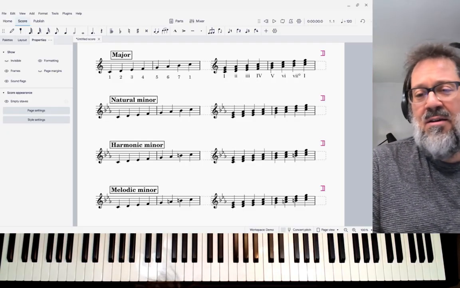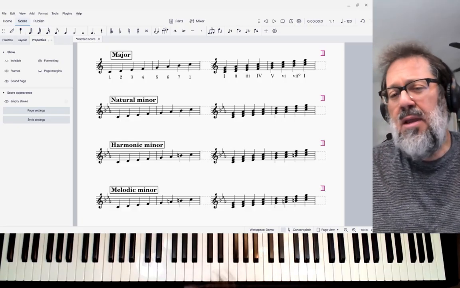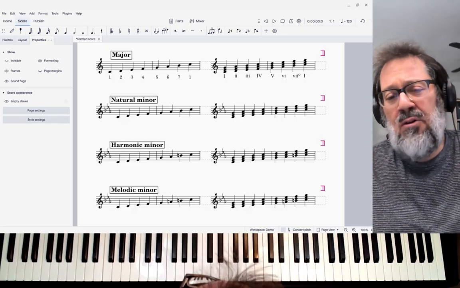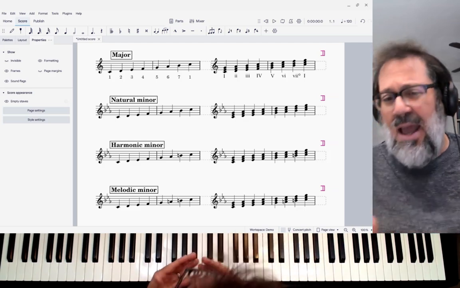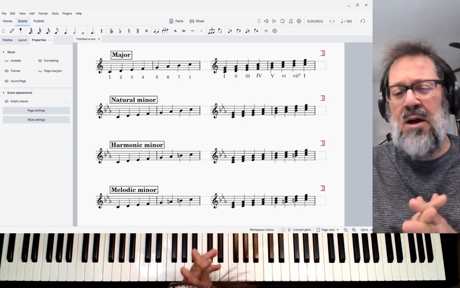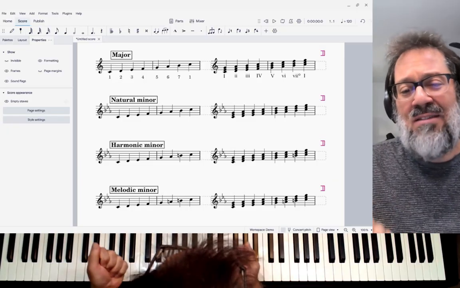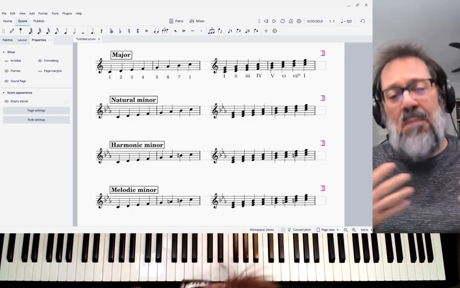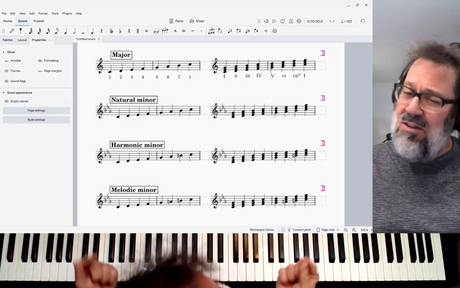There's the more traditional system, which has been around a long time, but it creates some ambiguity. And then there's a system that most jazz musicians and a lot of other modern musicians typically use that I would say is less ambiguous. But if you don't know which system is being used, it's going to be confusing. So let's take a look.